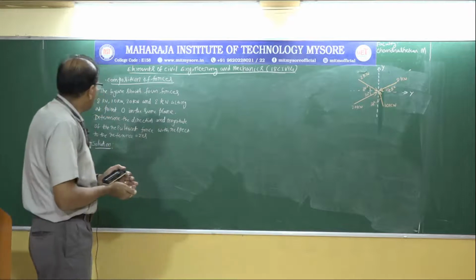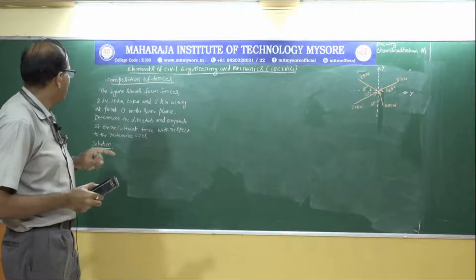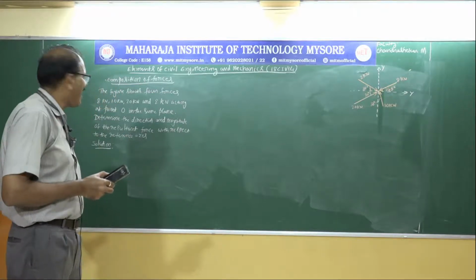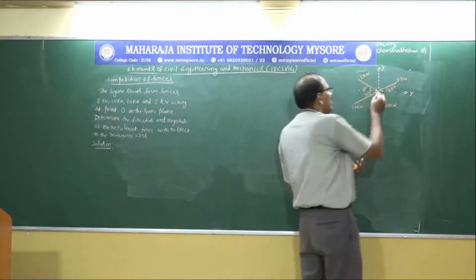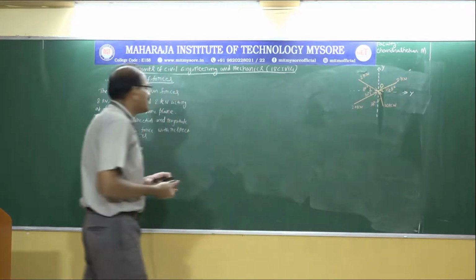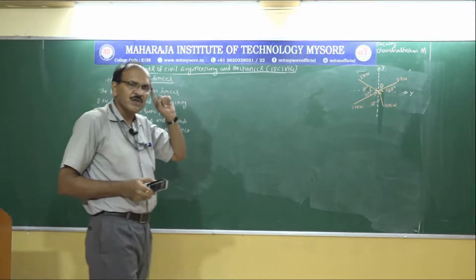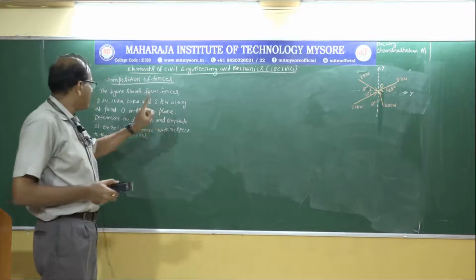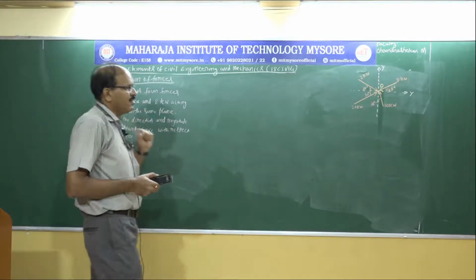So let us read out the problem once again. The figure shows 4 forces, 8 kilonewton, 10 kilonewton, 20 kilonewton and 2 kilonewton acting at point O. So this is the point O. In the same plane means this force system is a coplanar force system. So determine the direction and magnitude of the resultant force with respect to the reference axis.